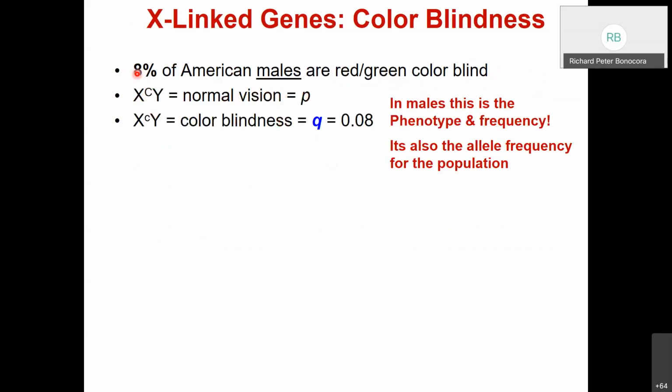Since 8% of the males have this, if we look at only the males, that means q is going to equal 0.08. Because in males, the phenotype frequency is the same as the allelic frequency. Then we can calculate the frequency of the uppercase C allele, which is 0.992.